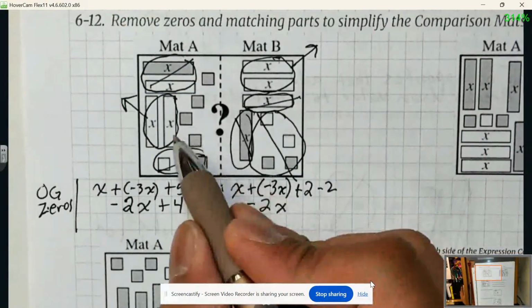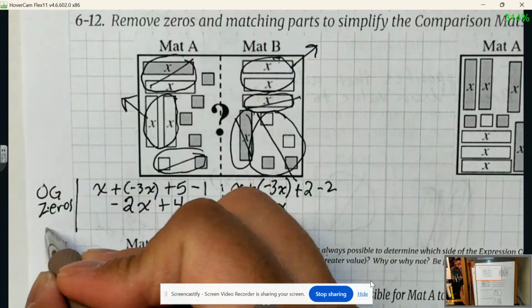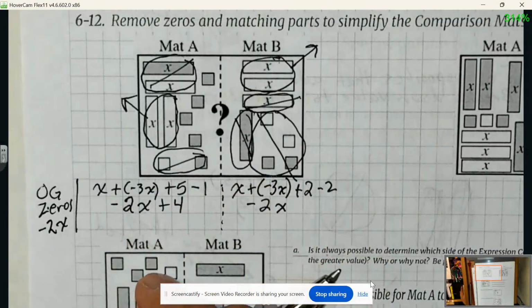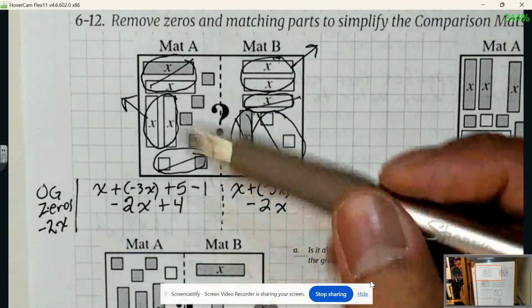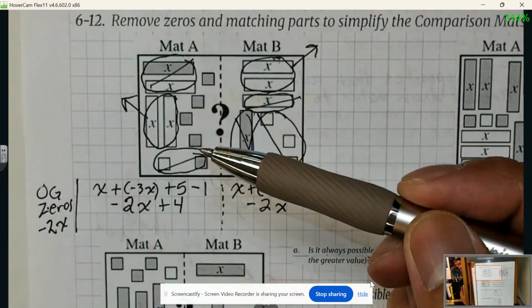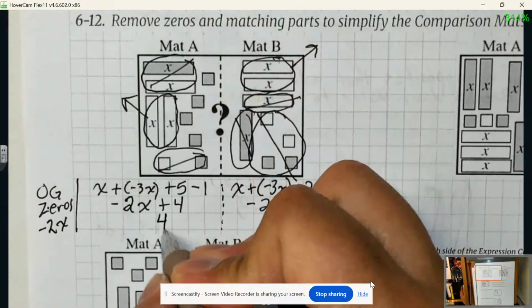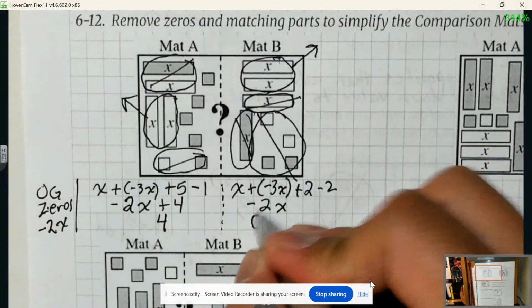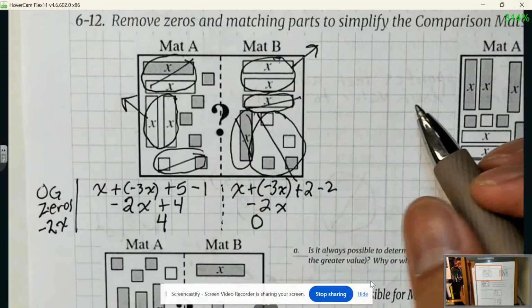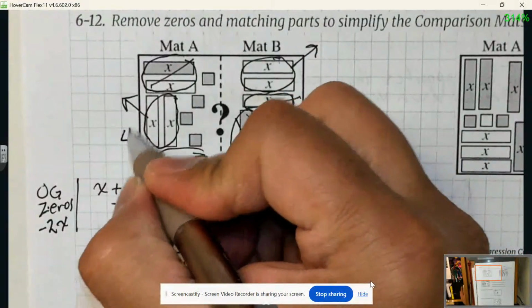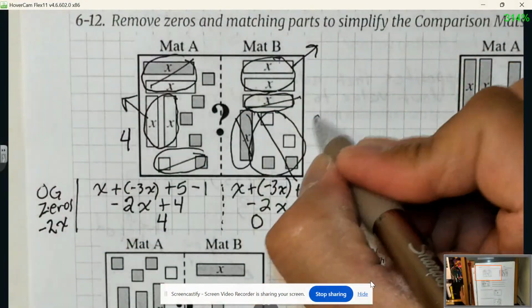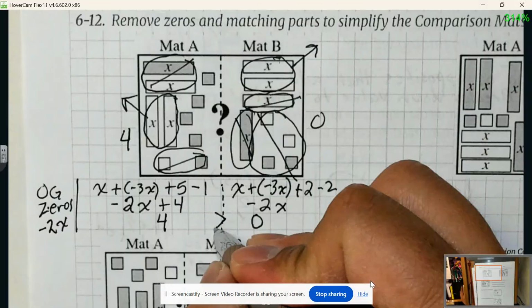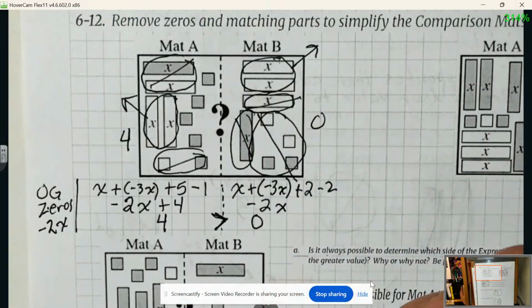So our step was minus 2x. We took away 2 x's from both sides, and that gives us a new expression. We have 4 on the left, and since no tiles are left on the right, we now have 0. Okay, so if this mat is 4 and this mat is 0, this one's obviously greater, and is greater by 4.